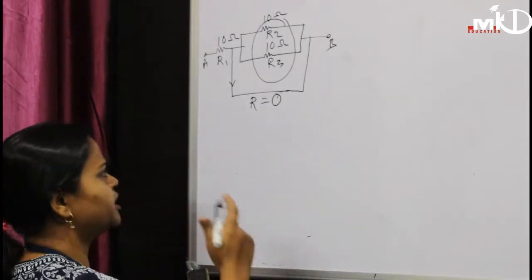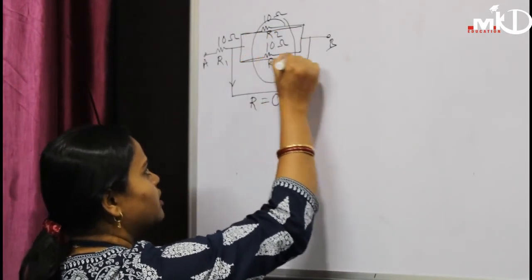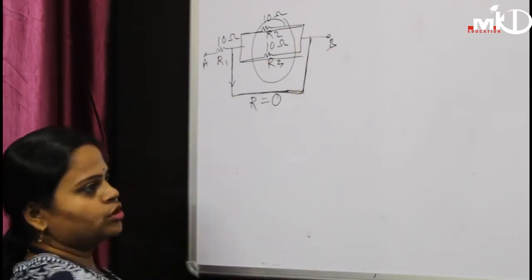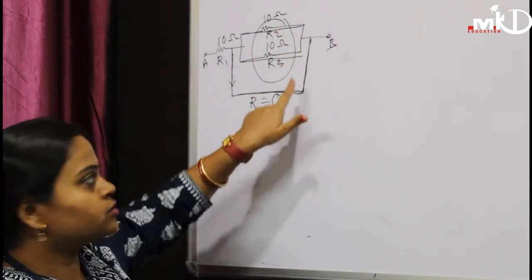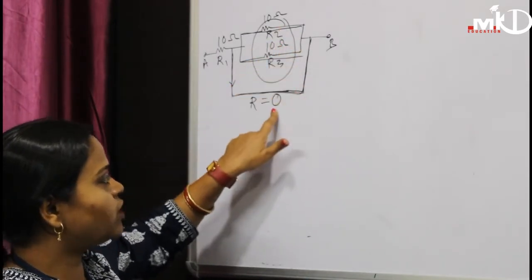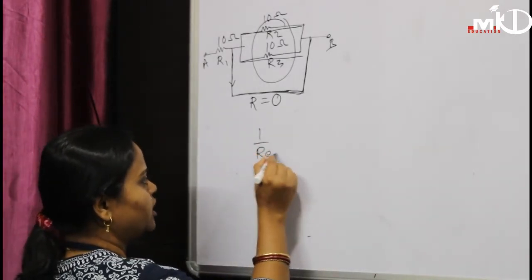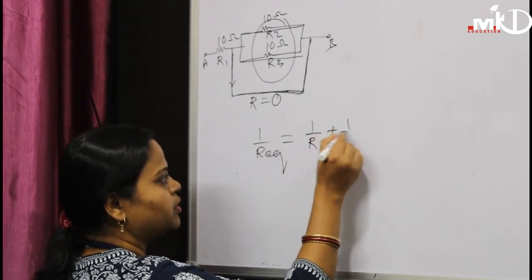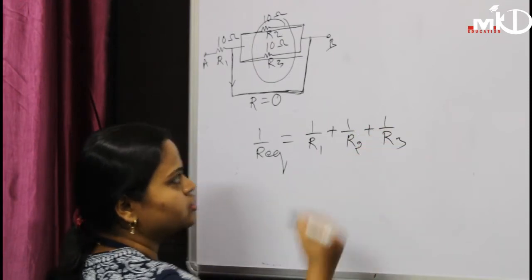That means, in other words, this R2, R3 and this R0, all the three resistances are in parallel. So in the parallel branch, one value is 0. We know that R equivalent in case of a parallel circuit is equal to 1 by R1 plus 1 by R2 plus 1 by R3.